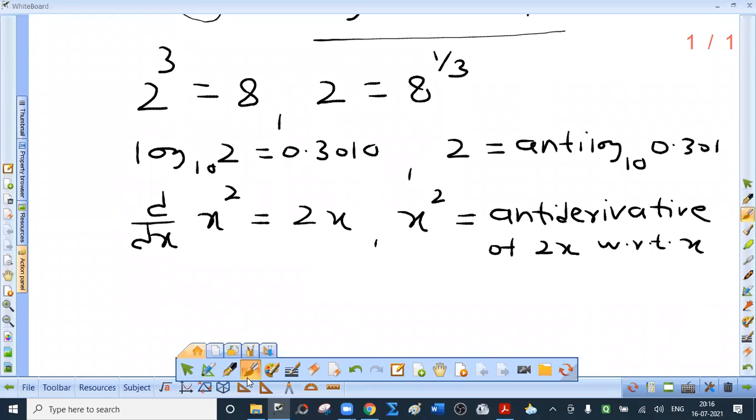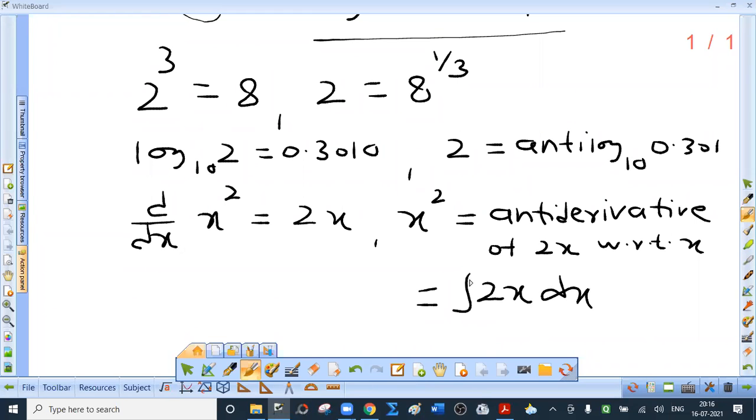Note that this in short is written as integral 2x dx. Do not write 2x into dx. Do not put dot here. Why? Because dx tells us that the variable of integration is x. And what is 2x? This is a function which is integrated.